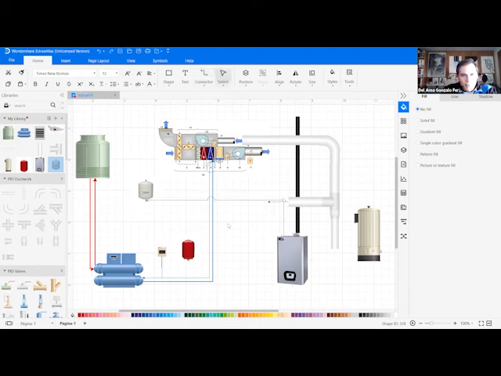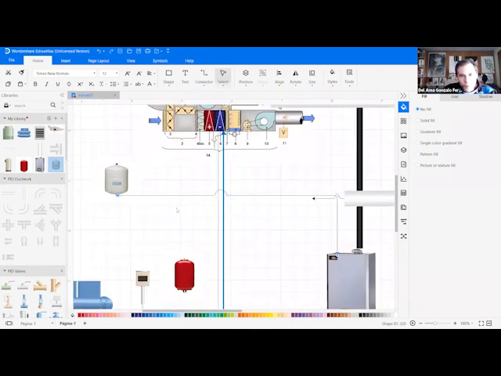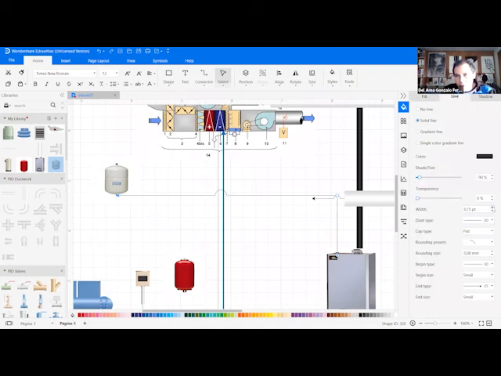This is cool because when we are overlapping different pipes, we have this symbol, which means that it's not a cross here. Then you can select this and change the line type and the color.